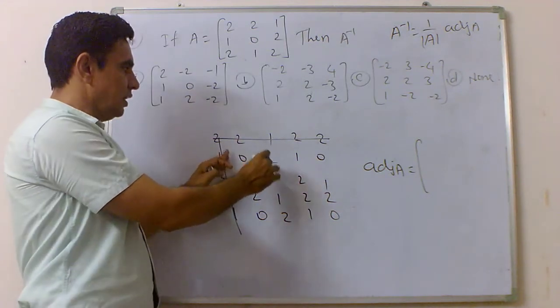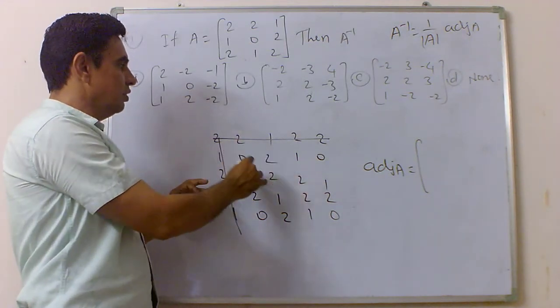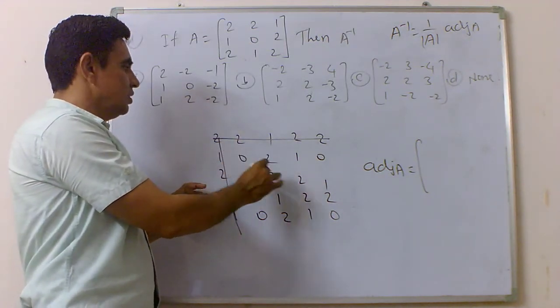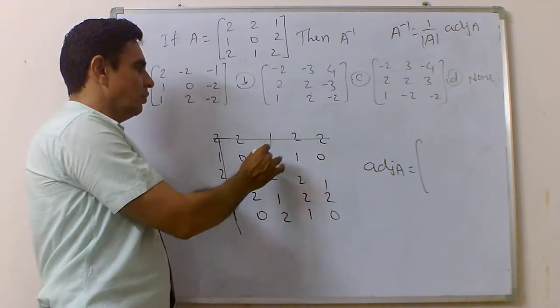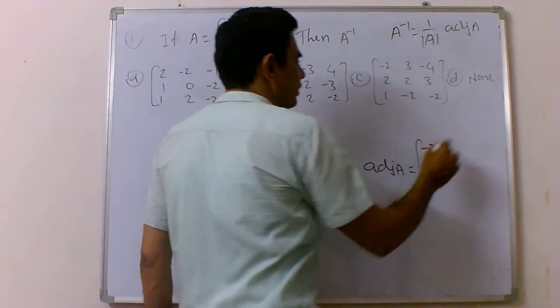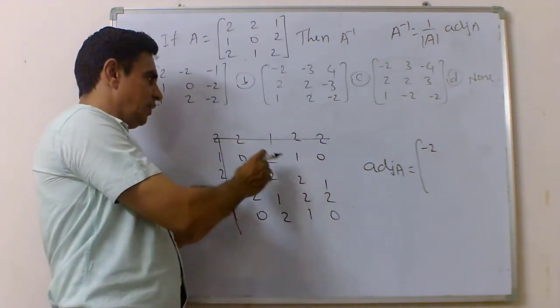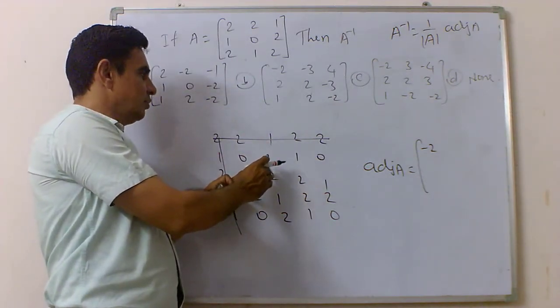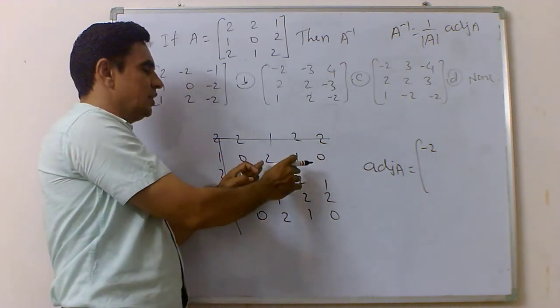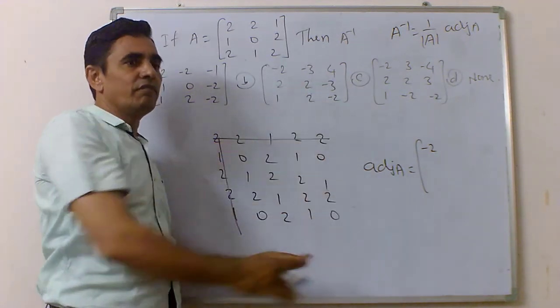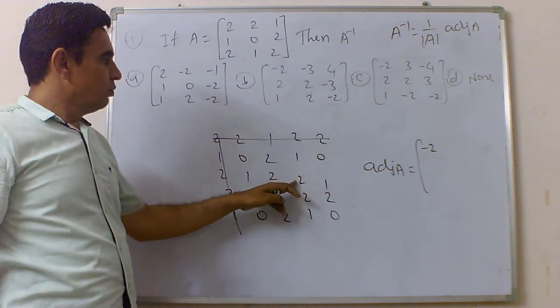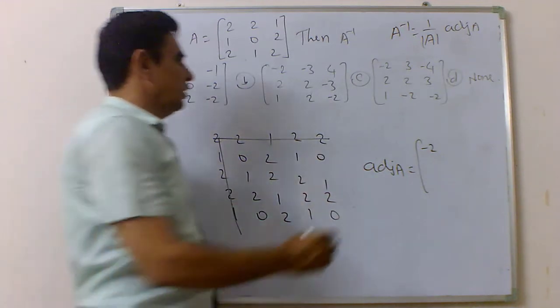Now the second order determinant here, determinant of these 4 elements: 0 into 2, 0 minus 2, that is minus 2. Take the determinant of these 4 elements first, write the first element, go row-wise and write column-wise. 2 into 2 is 4 minus 2, 4 minus 2 is 2, right?